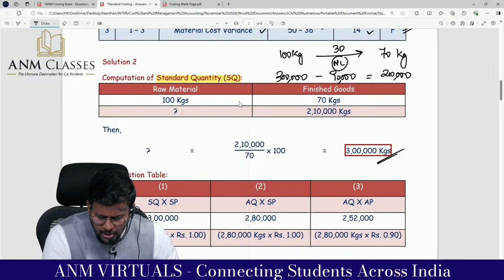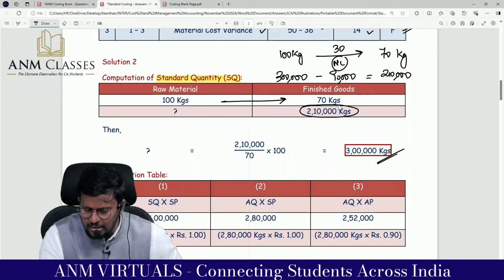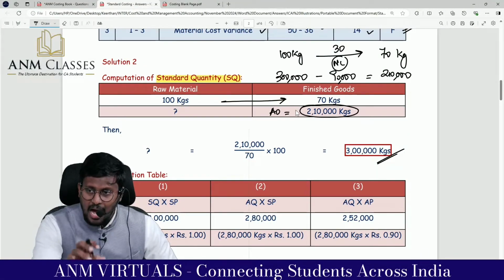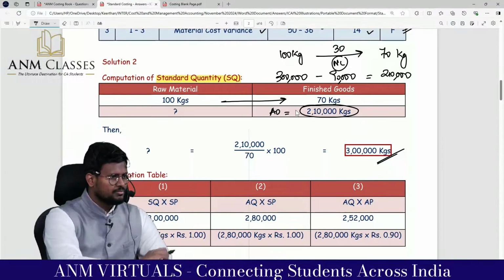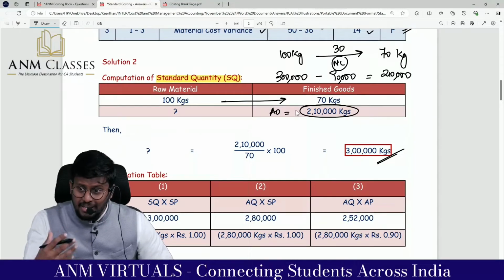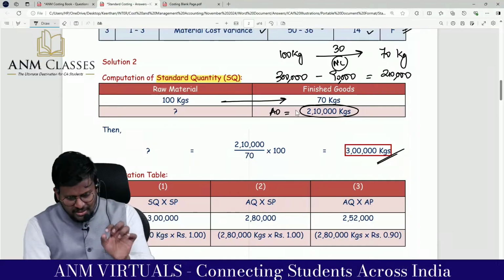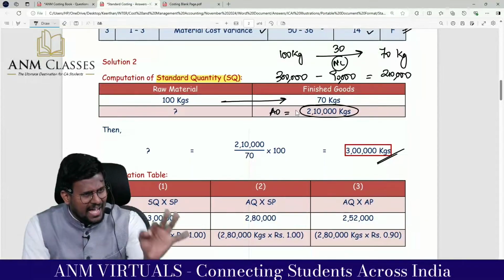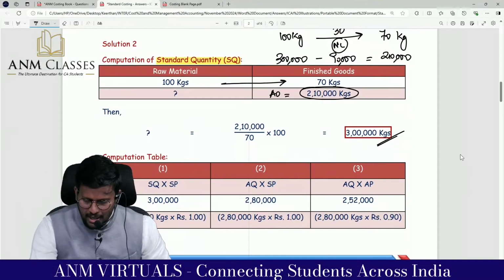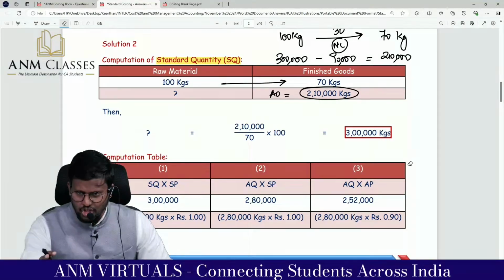If you put in 100 kg, 70 kg comes out. Actually 2,10,000 kg of actual output has come out. So how much I should put in is the standard. This 2,10,000 kg will be treated as 70%. So 2,10,000 divided by 70 into 100, 3,00,000 kg is the standard quantity.